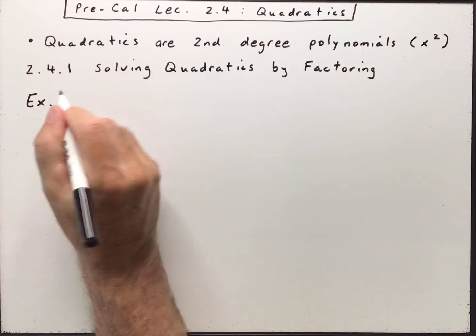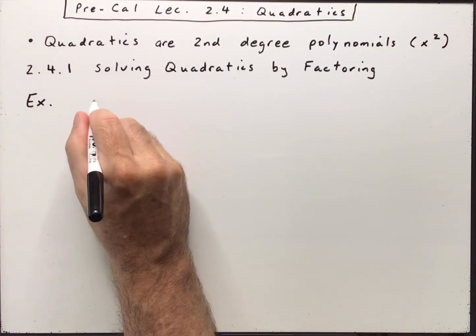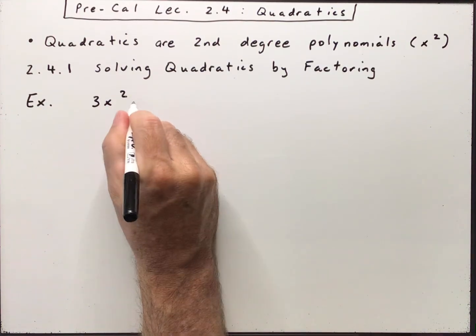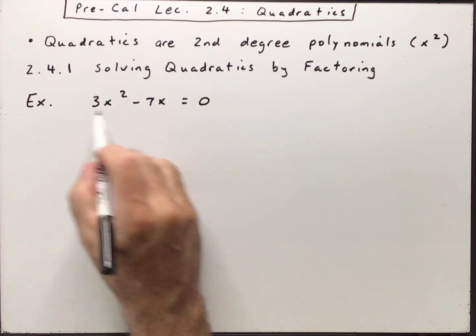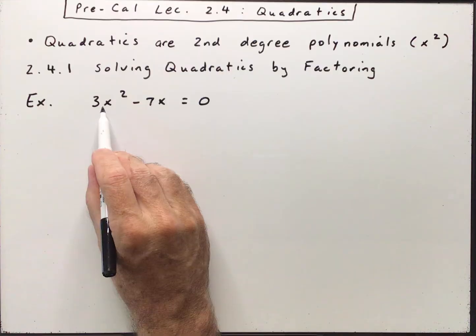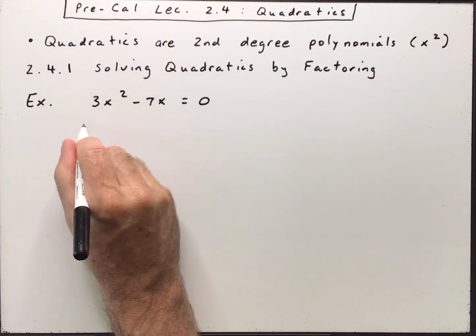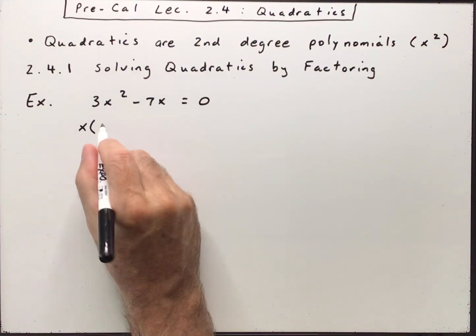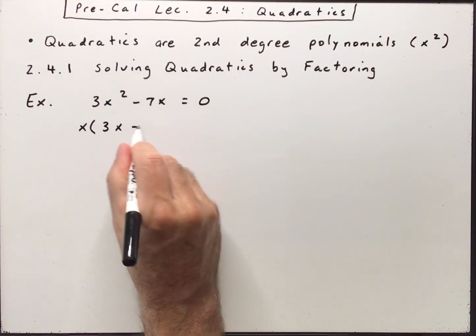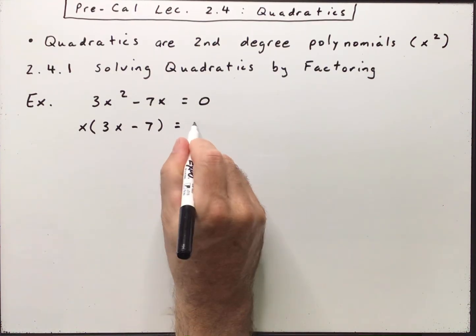So next example, let's say we have 3x squared minus 7x equals 0. Well, the first thing you might want to do is factor out something. Let's factor out an x, because x is common to both of those terms. So then we would have x times 3x minus 7 is equal to 0.